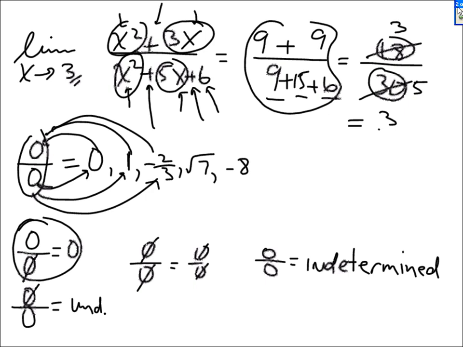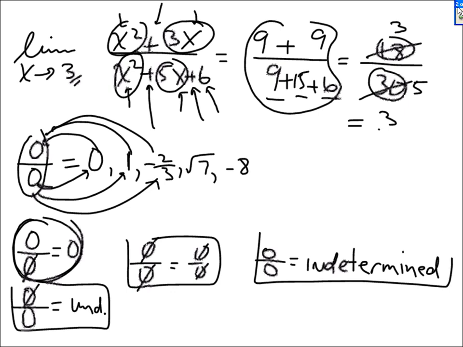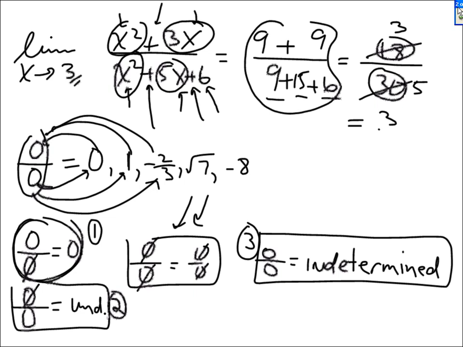Okay, so you have 0, you have undefined, you just have a regular fraction. Now you have indeterminate. And 3 of the 4, with this being the exception, all the others have 0. The first one has 0 on top, the second one has 0 on the bottom, and the last case has 0 top and bottom.